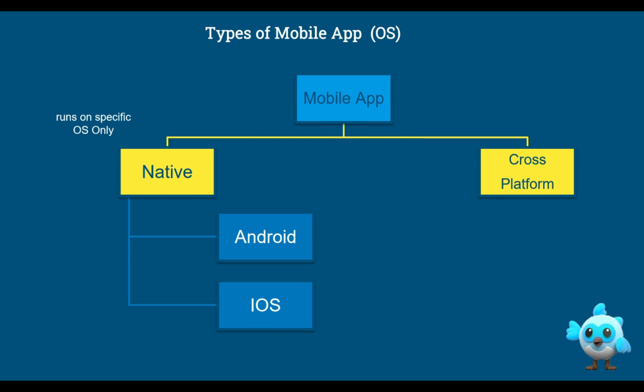There are two types of native apps: Android apps for the Android operating system and iOS apps for the iOS operating system, while cross-platform apps run on and are made for both Android and iOS operating systems.